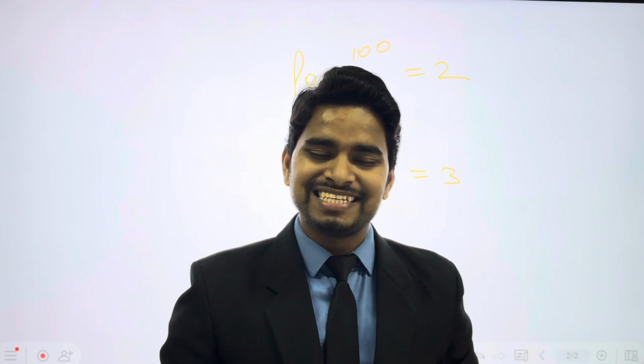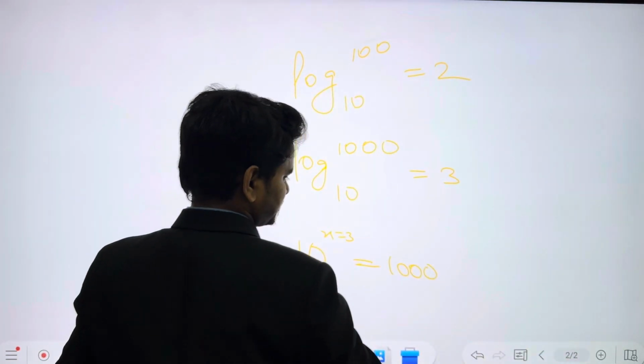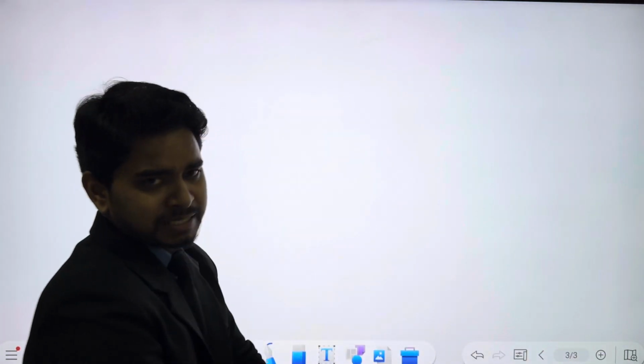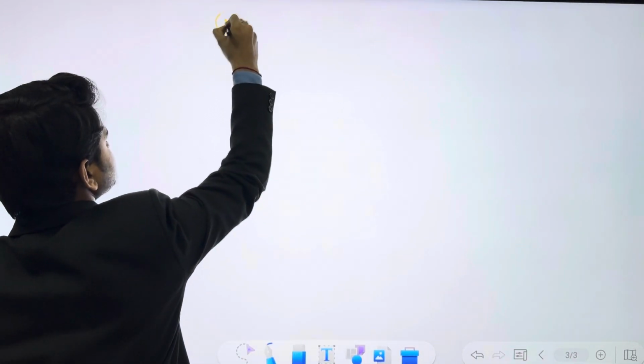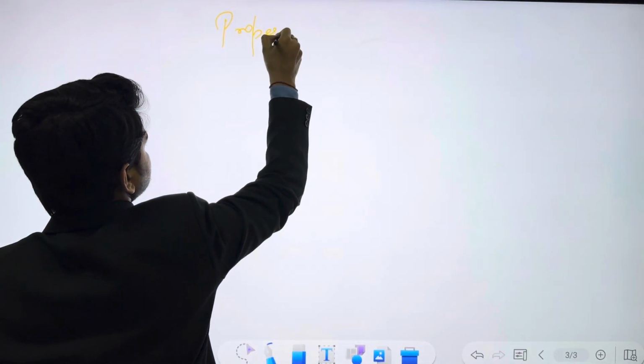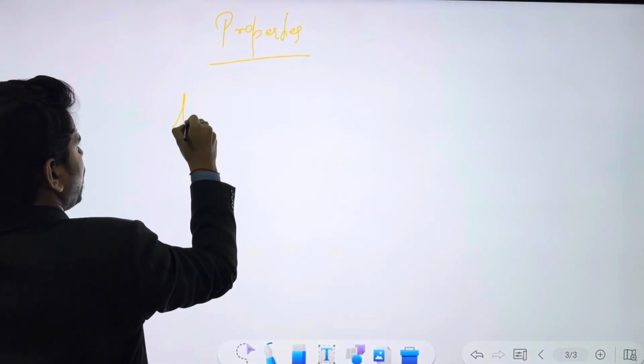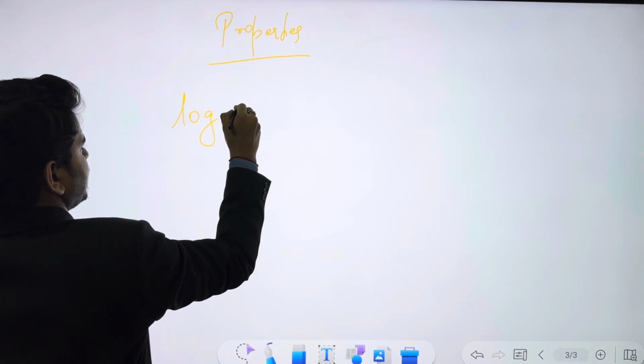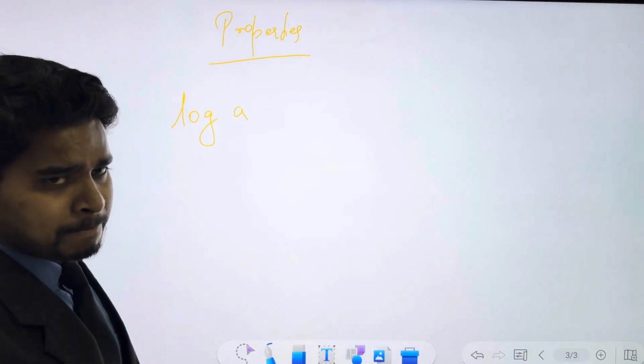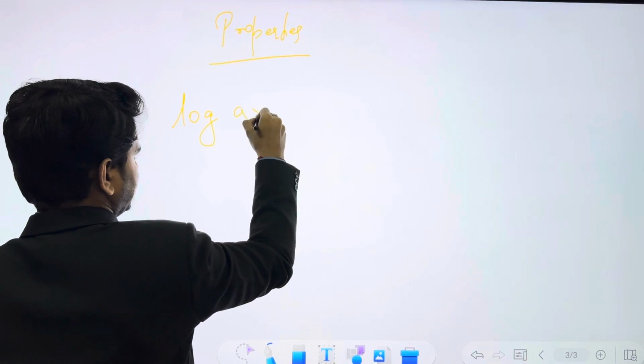Let's go ahead now. Let's start with some basic properties of log. Now let me talk about 3 simple basic properties. The first property is log of a into b.